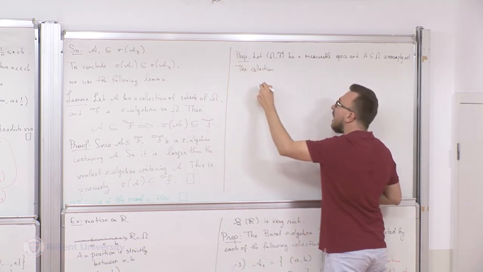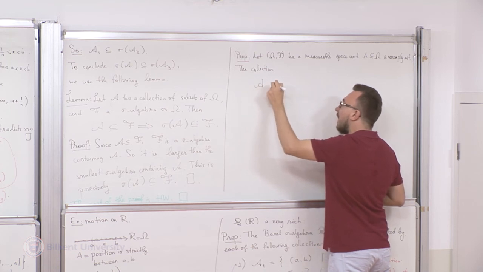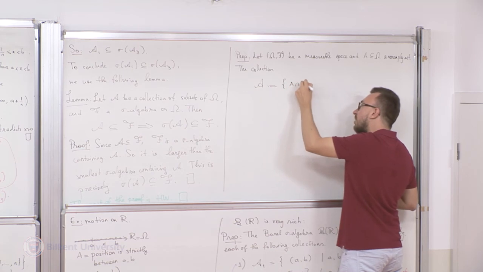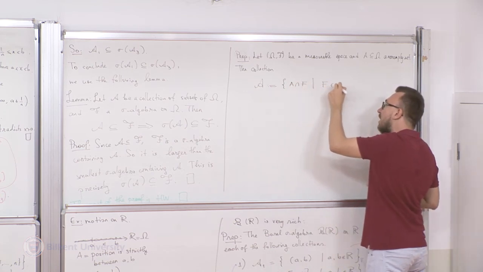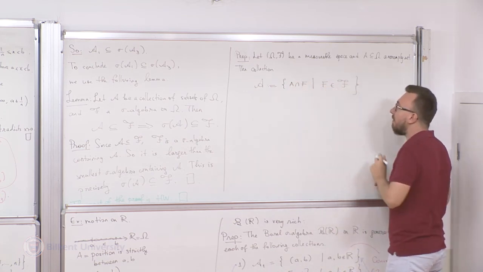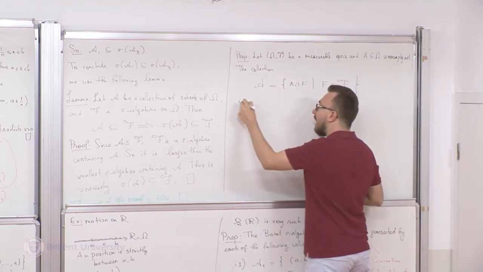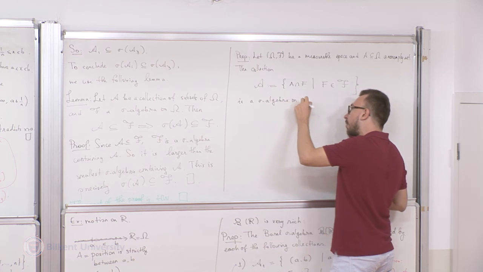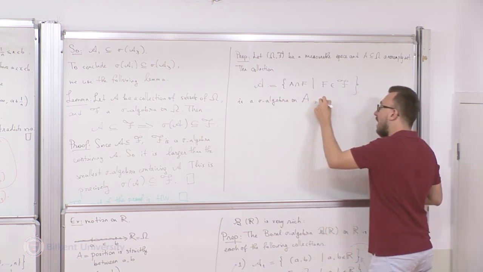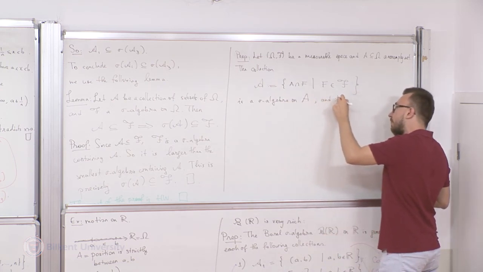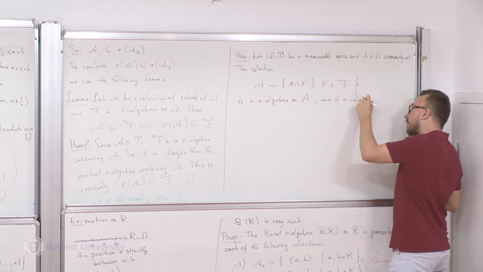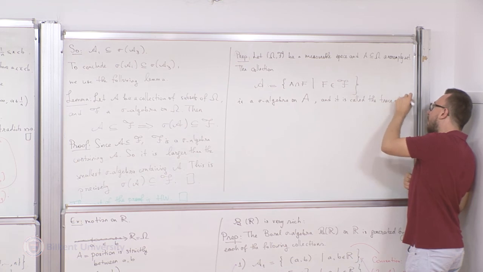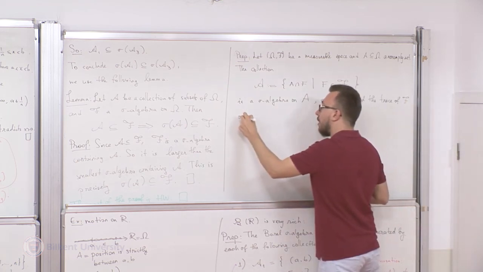The collection script A, which is defined as A intersection F, where F is taken from script F, is a sigma algebra on A, and it is called the trace of F on A.